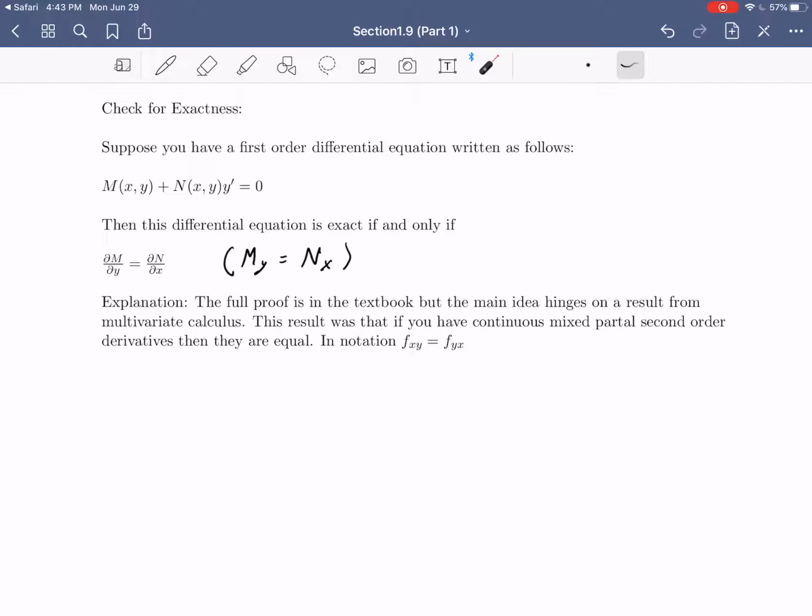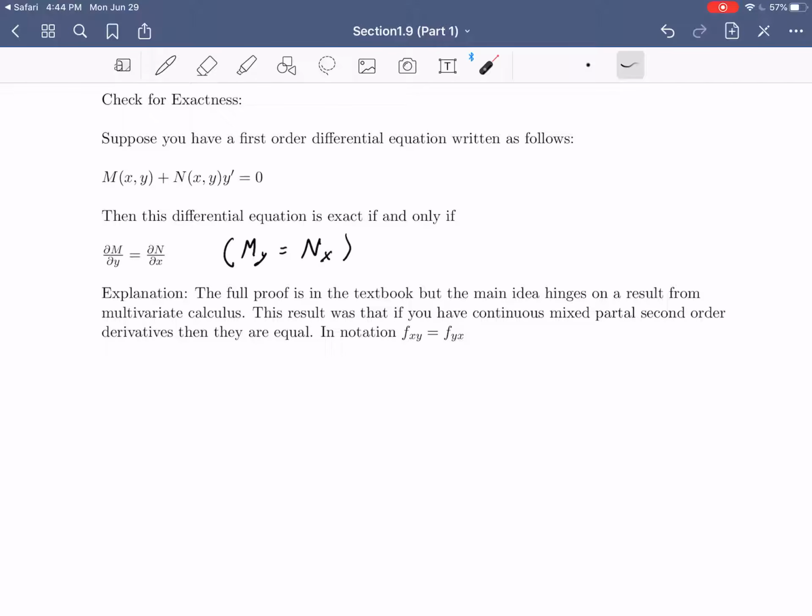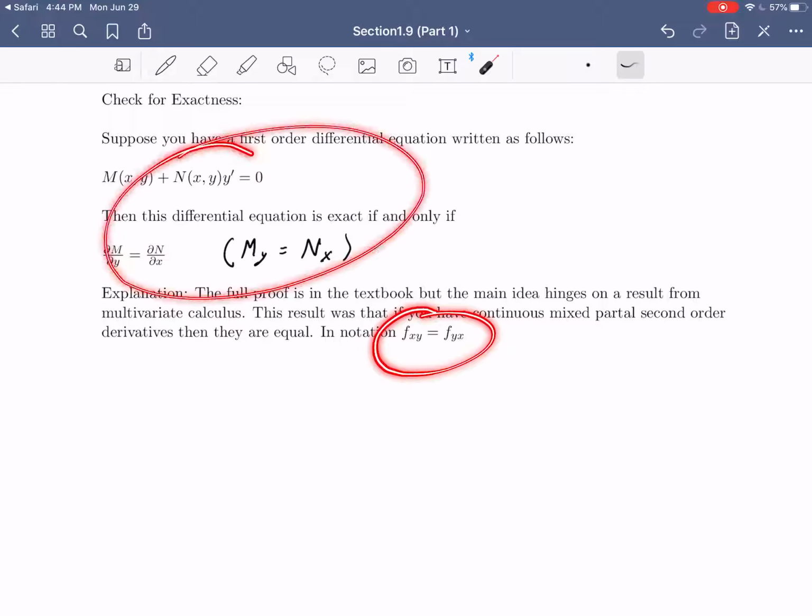You can take a derivative with respect to y and then another with respect to x, or one with respect to x and then one with respect to y. Those are what we call the mixed second order partials. There's a result from multivariate calculus that says if those are continuous, then they're guaranteed to be equal. In other words, for any multivariate function, f_xy is equal to f_yx.